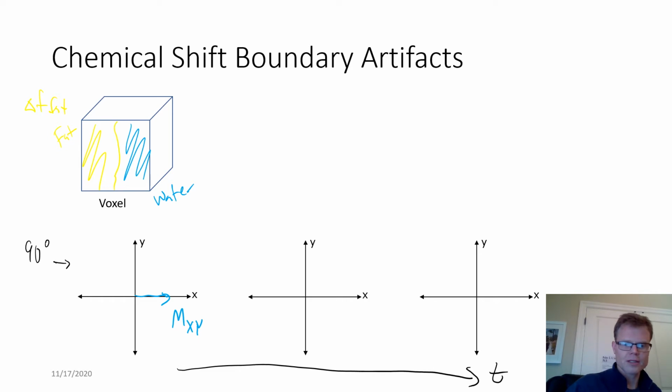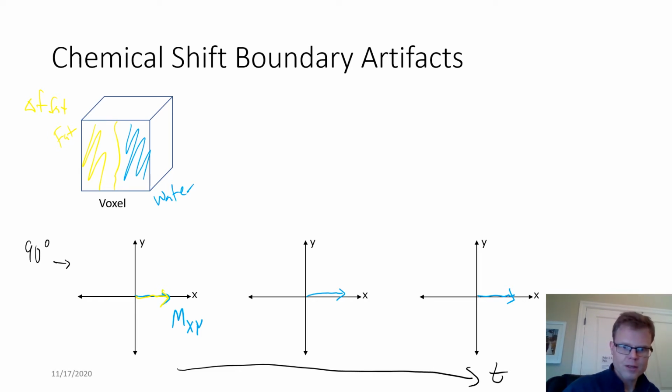we're going to neglect relaxation. Our usual model is that if we have no change in the resonance frequency, we're just going to have the transverse magnetization pointing in the same direction. But what's happening with the fat is it might be initially tipped down in the same direction as the water.